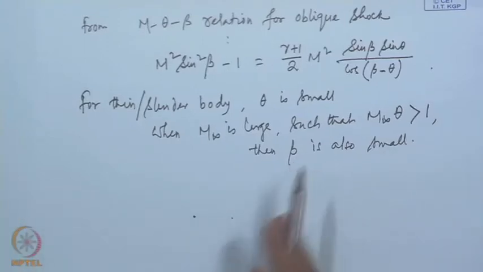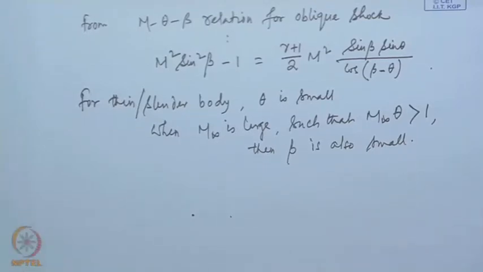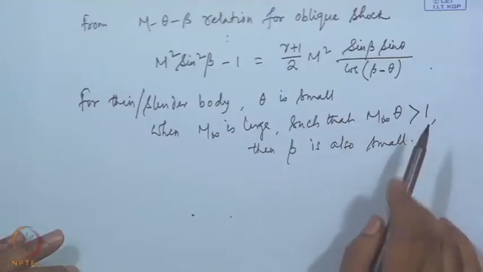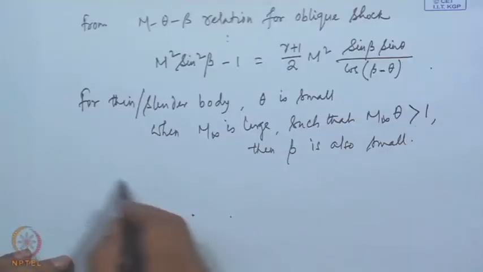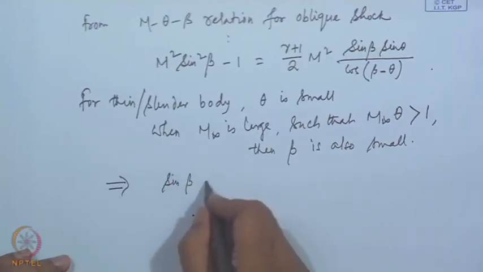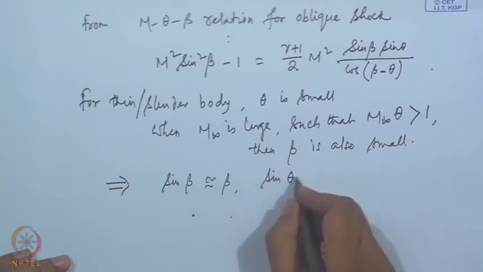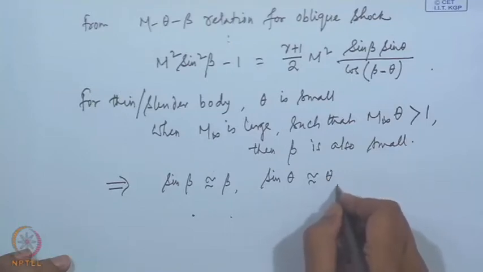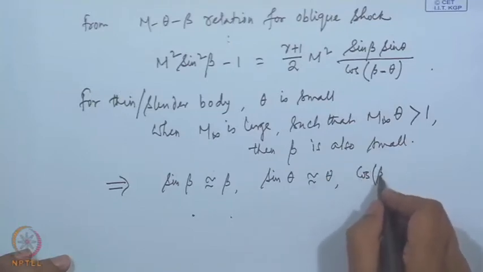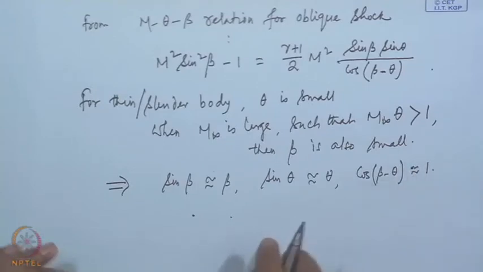This can very easily be verified from the M theta beta curves, which show that when theta is small, beta is also small if M infinity theta is large. Then we can have these approximations: sin beta is nearly equal to beta, sin theta is nearly equal to theta, and cos beta minus theta is 1.